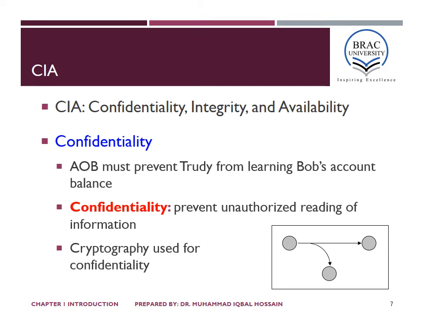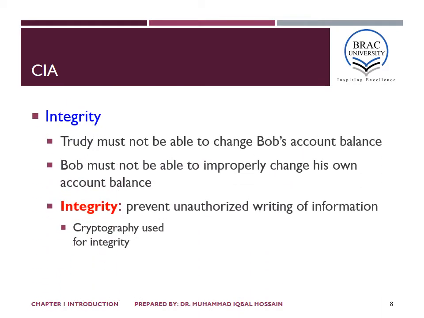and to do so cryptography is being used here. Then integrity. Trudy must not be able to change Bob's account balance. So the hacker or someone from outside the bank must not change any information of the customers.